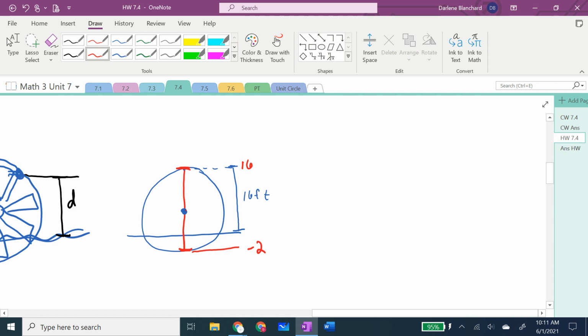What does that make the midline? And the midline is always the location of the center of that turning wheel. And with a diameter of 18, then the radius is 9. So this distance is 9. This distance is 9. That makes the center 7.